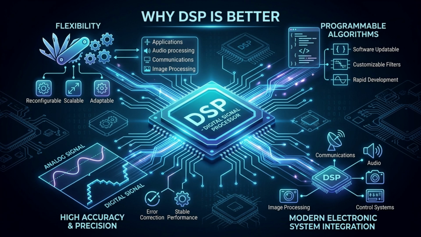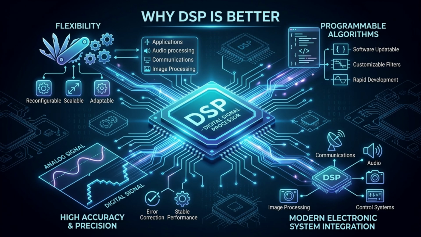Unlike analog circuits, digital calculations are less sensitive to component variations and environmental conditions. Third, DSP enables very complex algorithms that would be difficult or impossible to implement using analog circuits alone. Because of these advantages, DSP has become a fundamental technology in modern electronics.